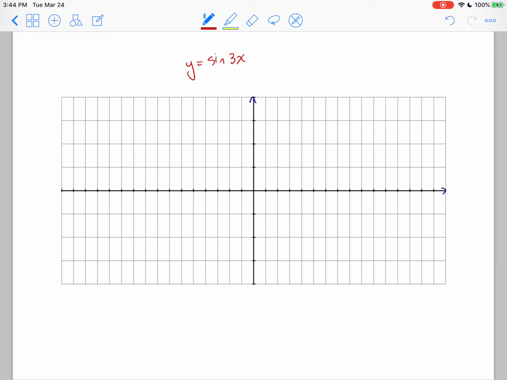My period is normally 2 pi, and now it's going to be 3 times shorter, that means my period's actually going to be 2/3 pi. And so I think I want to use pi over 12 as my scale.